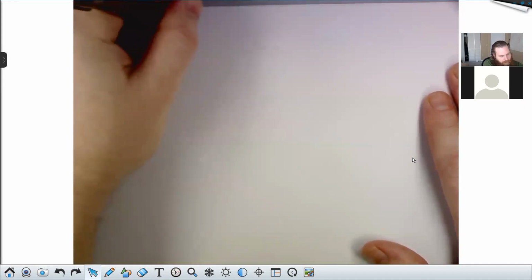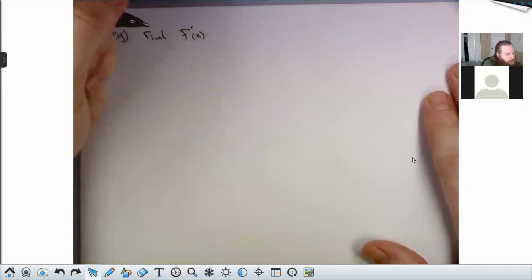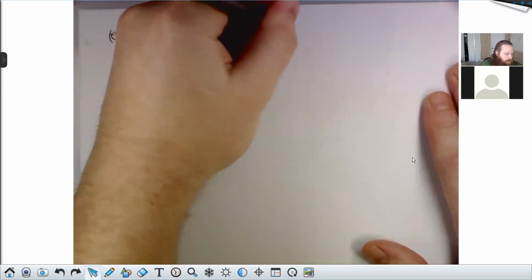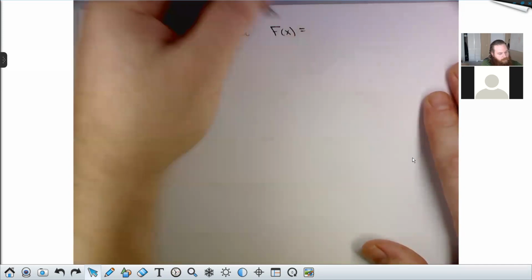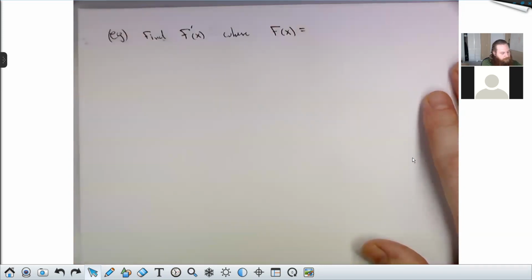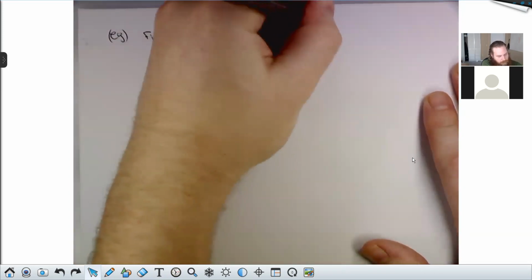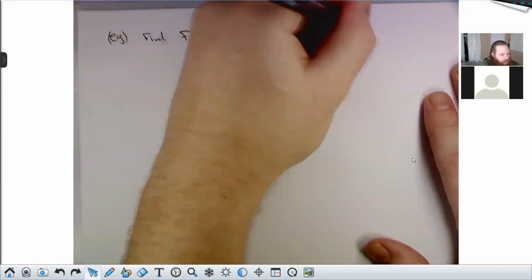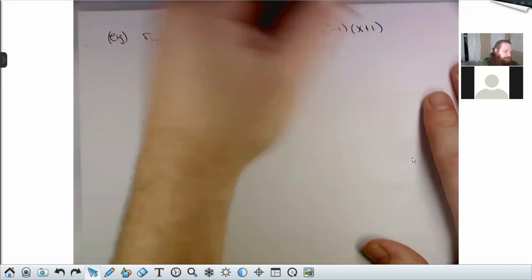So let's find capital F primed of x, where capital F of x is, let's see, x squared minus 1 times x plus 1.